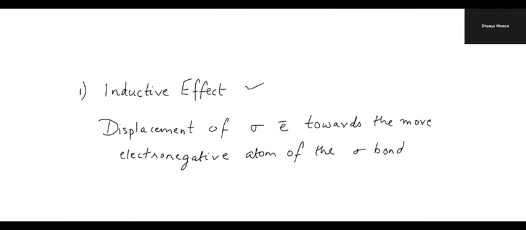Here the displacement is partial. So inductive effect is nothing but the displacement of sigma electrons towards the more electronegative atom of the sigma bond.